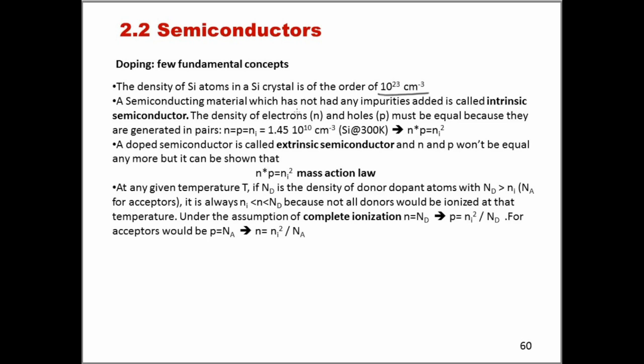Now, what we've said is that semiconductors that have no impurities added are called intrinsic semiconductors, and according to the formalism we've introduced, n is equal to p, so the density of electrons and the density of holes is the same, and is called the intrinsic density, ni, which in the case of silicon is of the order of this number at 300 Kelvin, and we can also say that n times p is equal to ni squared.